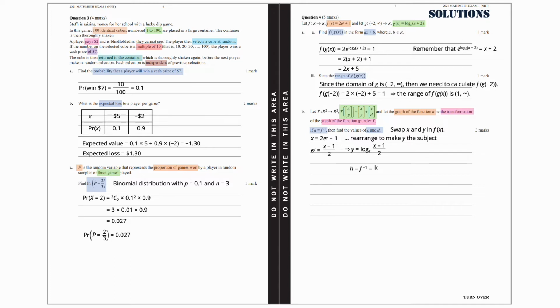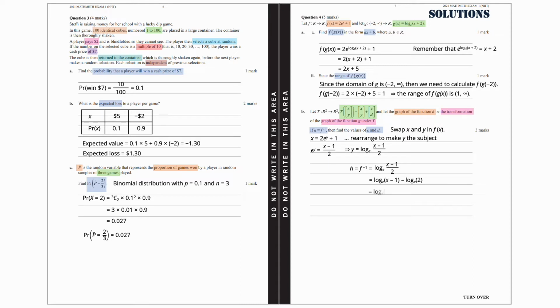Since h equals the inverse of f, then h equals log in base e of x minus 1, all divided by 2, or log in base e of x minus 1 minus log in base e of 2.